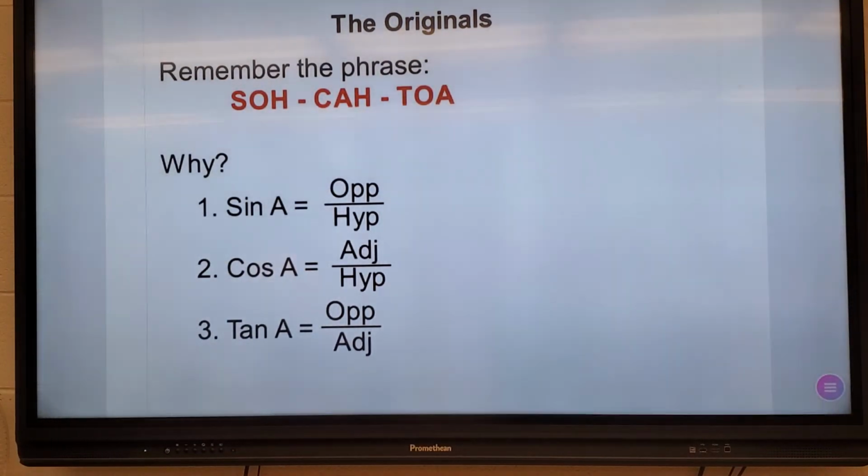The original 3 functions, my suggestion for all of you would be at the top of any paper in which you are working with trigonometric functions and setting up ratios for sine, cosine, and tangent, is that you would write SOHCAHTOA at the very top of your paper. Okay, that is again SOHCAHTOA, SOH, CAH, and TOA.